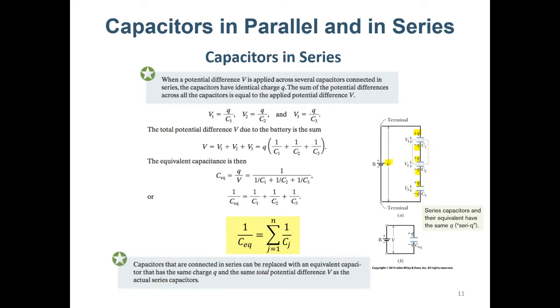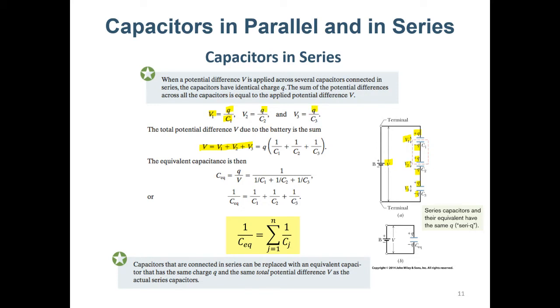So the battery has a potential V, and the voltage drops for the different capacitors are V1, V2, V3. So we have V equals V1 plus V2 plus V3. Using the same formula, we have V1 equals Q over C1, but here Q is the variable to share.